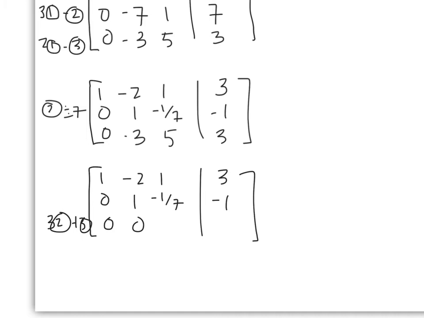And when you do that on your calculator, it ends up being 34/7. Keep it as a fraction, it'll save you time later. And then if we do the same thing for the last entry, 3 times row 2, so it's negative 3, plus 3 is also 0.